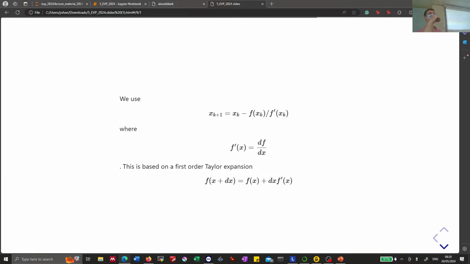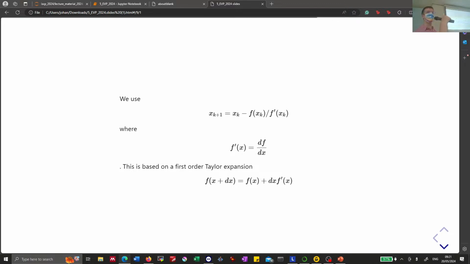It basically counts how many points we have done already. And xk plus 1 tells us the next position on x. This is the place where we are at the moment, our current location, and then the function value divided by the value of its derivative. So far, so good.